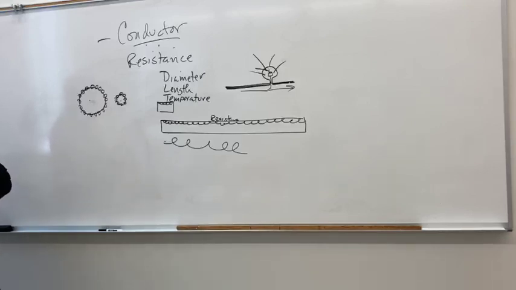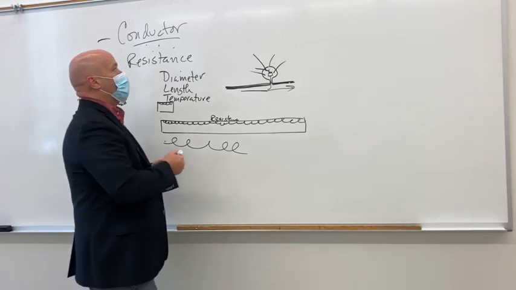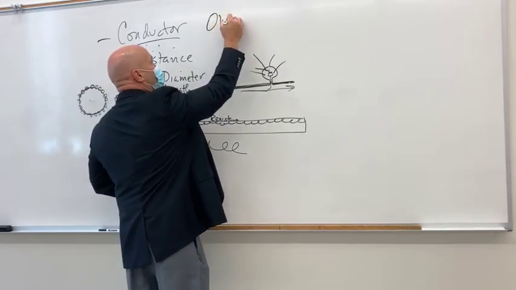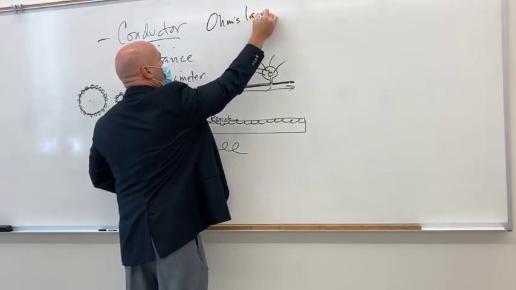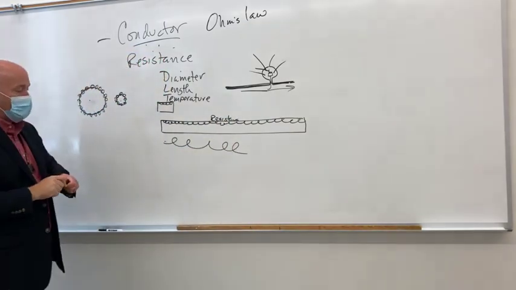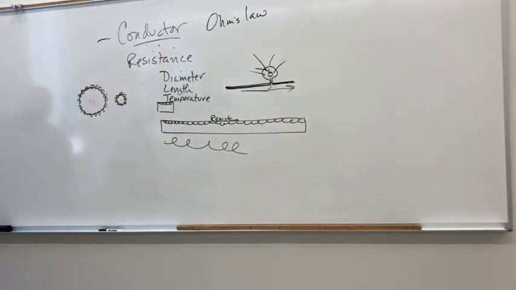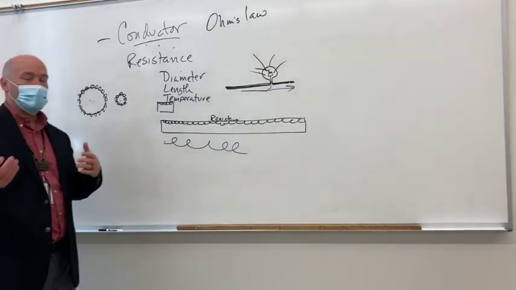And finally, you can manipulate your electric flow using what we call Ohm's law. Okay, so Ohm's law. Ohm's law is on page 67. So voltage is equal to I, which is amperage. Okay, amperage is intensity.